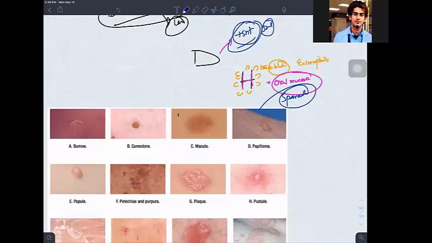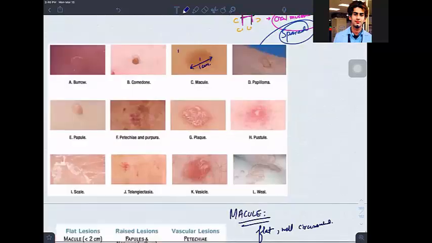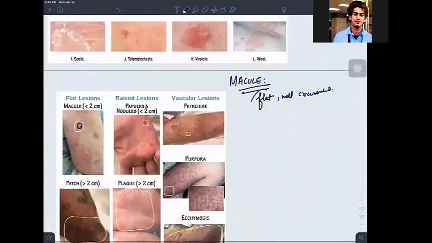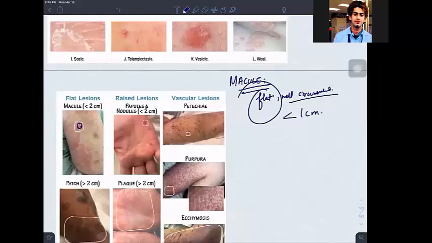Can you see the skin color here and here? What is the length? 1 centimeter, so 1 or less than 1. If you have a lesion that is flat, well circumscribed, and less than 1 centimeter, it is a macule.